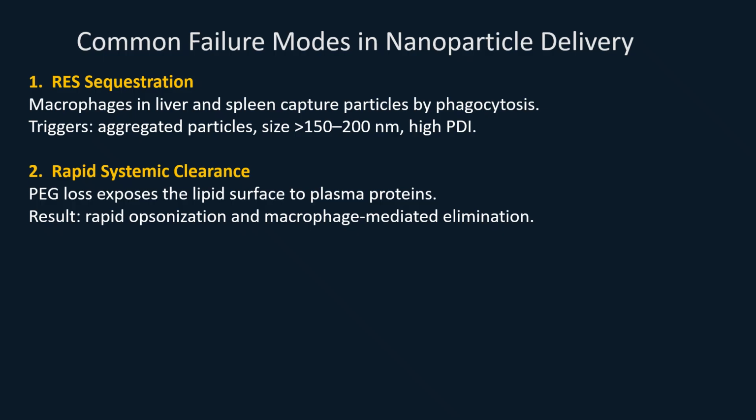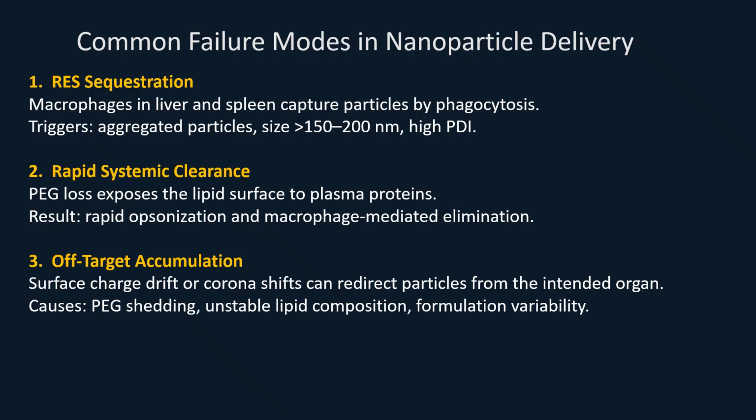When PEG molecules shed from the surface, the underlying lipid is exposed to plasma proteins. Opsonization follows quickly, and macrophages clear the particle before it reaches its target. A third is off-target accumulation.